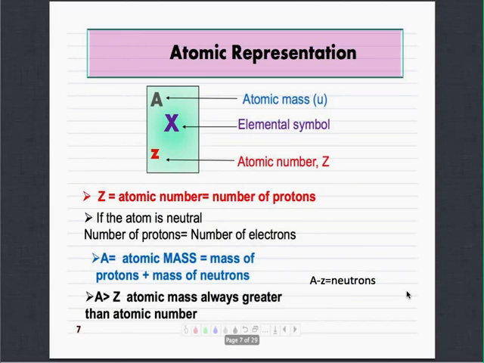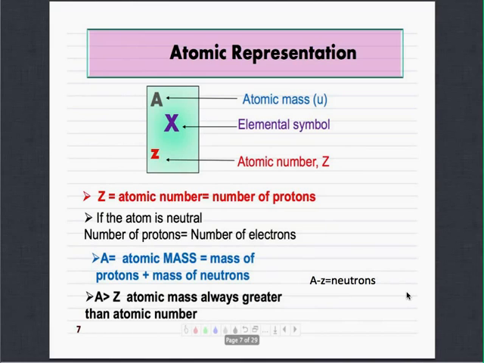Now, usually we will see a lot of periodic tables out there. Some of them have A, the atomic mass, on top and Z, the atomic number, on the bottom. Some others do it the other way around. How are you going to know which is which, whatever the periodic table is? Very good.